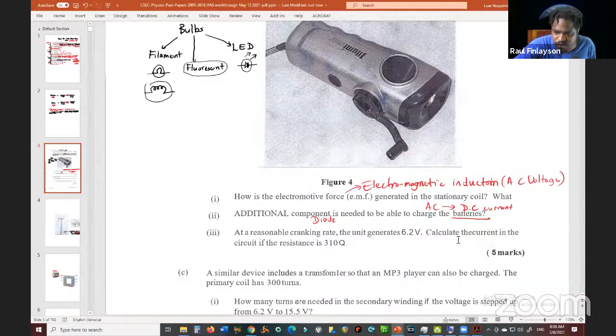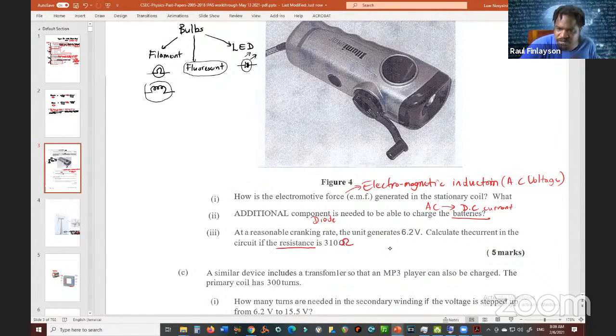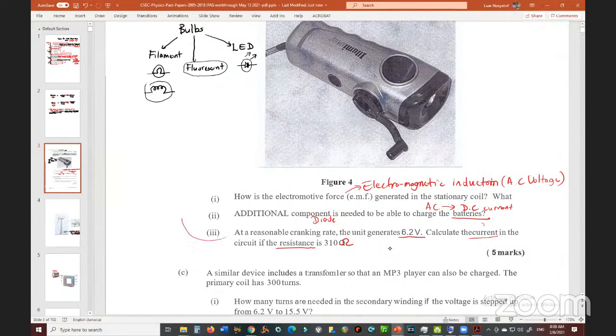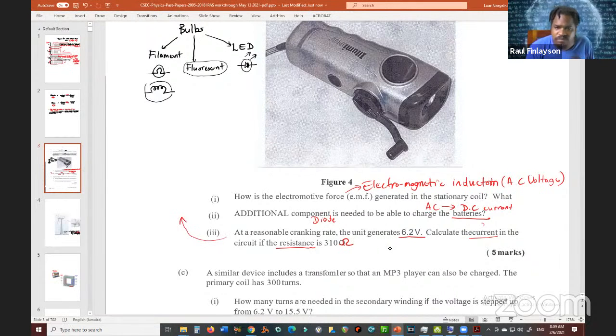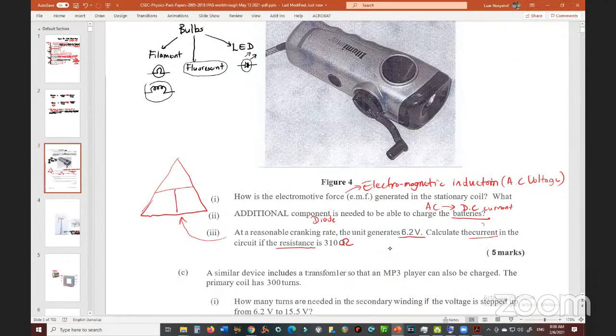So calculate the current. You have the resistance here, 310 ohms, and you have your voltage, and they ask for current. What formula are you going to use here? I equals V over R. Let's go back to basics: V at the top, I on the left, R on the right.